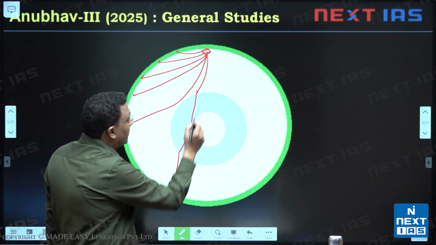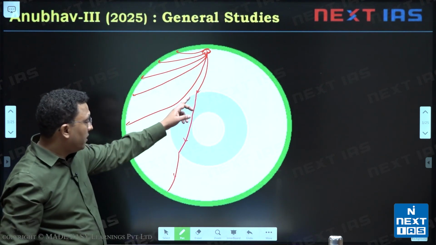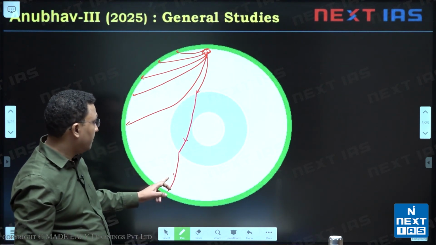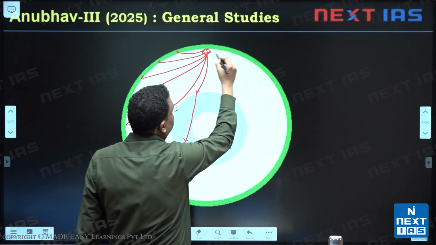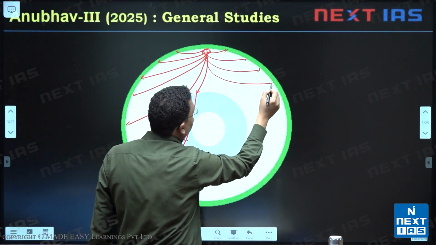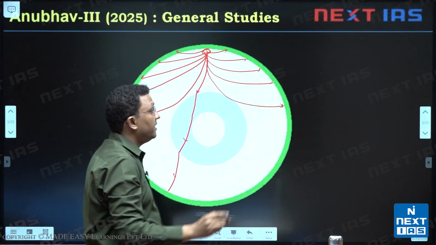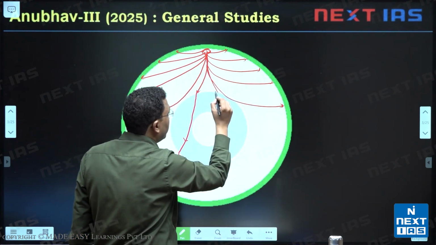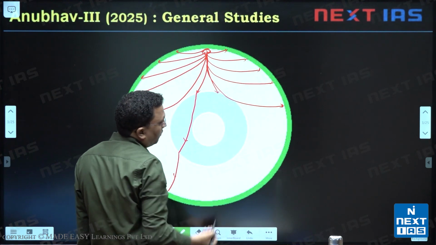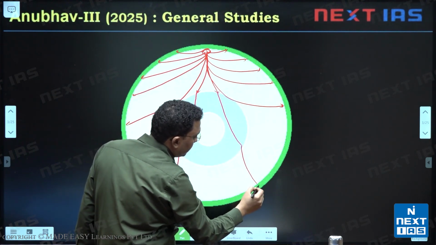So that means the first P wave that will encounter the outer liquid core will actually travel in this path, right? So likewise in this direction also P waves will travel in all directions, and P waves up to here will travel usually, but the first one which encounters the outer liquid core will actually travel like this, right?